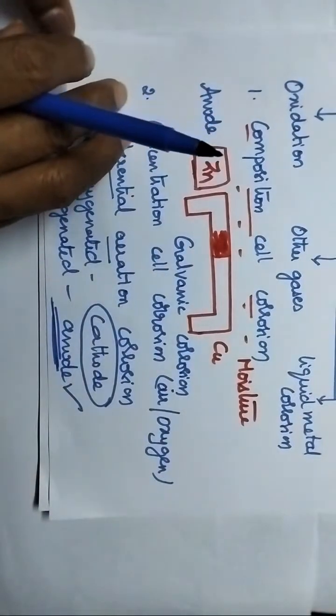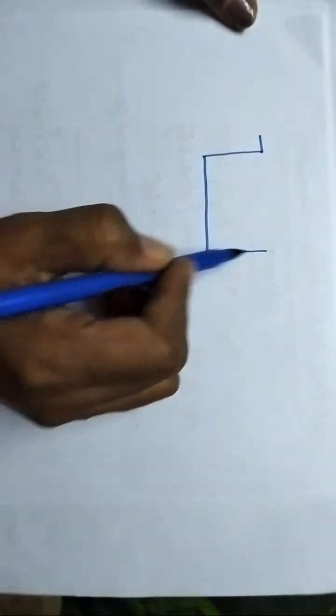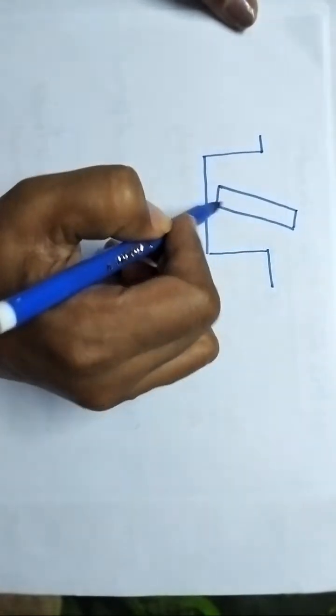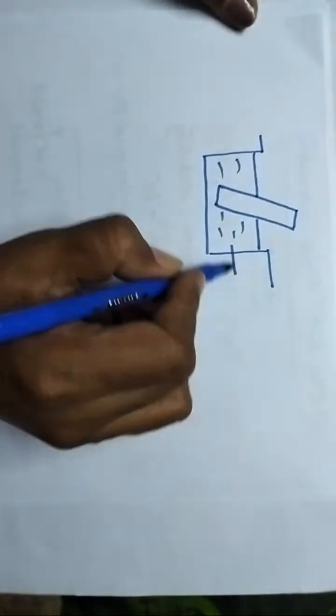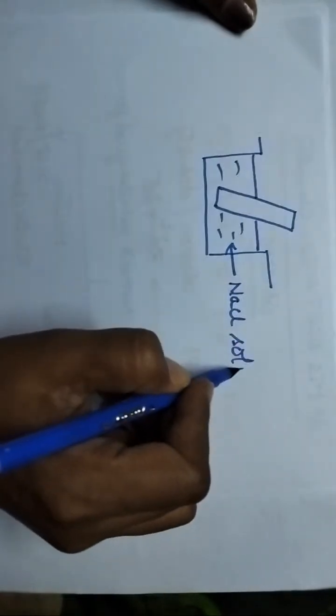So coming to the best example of differential aeration corrosion, whenever we consider a zinc rod which is partially immersed in sodium chloride solution, it will be a good example for differential aeration corrosion.